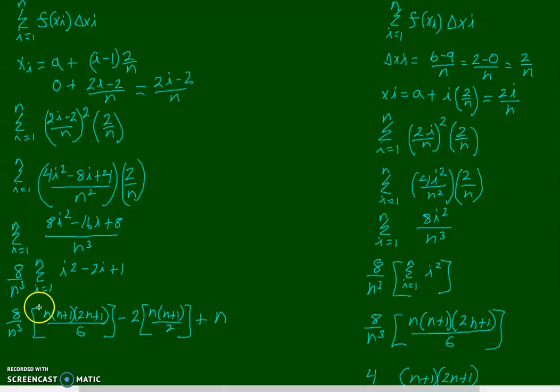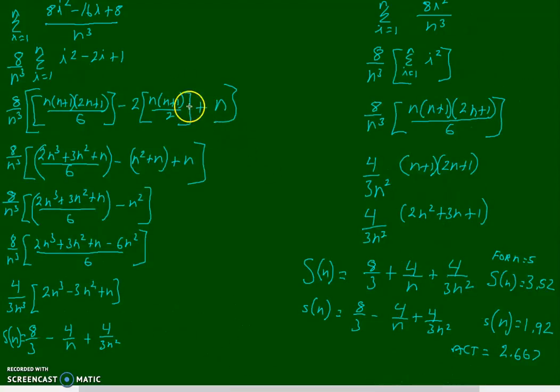And I almost missed it, but it's this whole thing times 8 over n to the third. Now I've gone ahead and worked out the rest of the algebra. If you'd like to follow through on that algebra, you can go ahead and pause the video and do that.